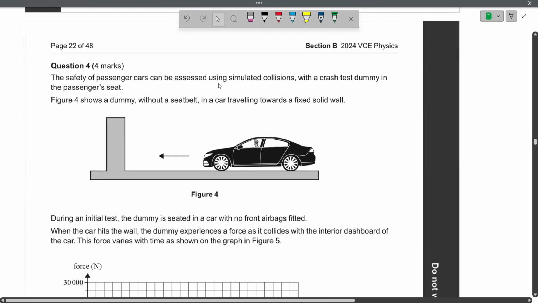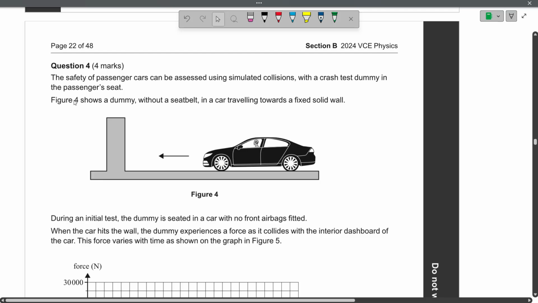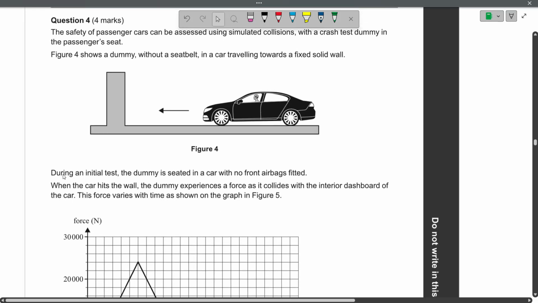Question 4. The safety of passenger cars can be assessed using simulated collisions with a crash test dummy in the passenger seat. Figure 4 shows a dummy without a seatbelt in a car traveling towards a fixed solid wall. Goodbye dummy. During an initial test, the dummy is seated in a car with no front airbags fitted.